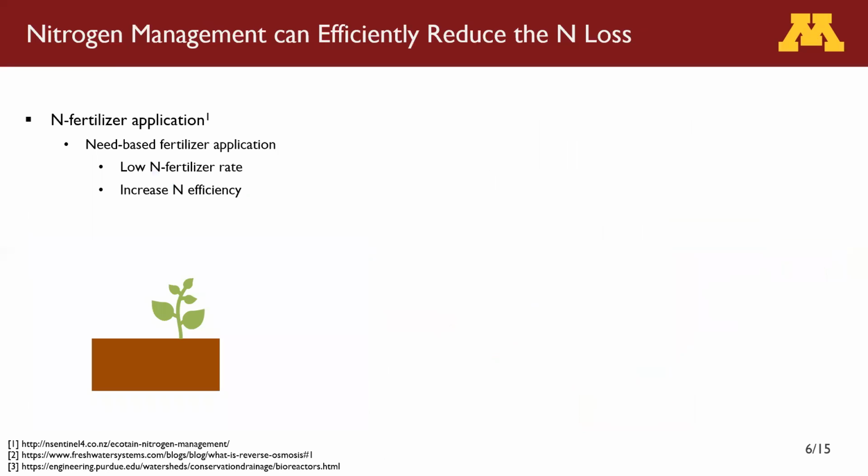To address the nitrogen issue, we incorporate the two most relevant nitrogen management techniques into our system. The first one is to optimize the fertilizer application. Currently, to ensure the crop yield, farmers usually over-apply fertilizer to their cropland to make sure, even with the undesired nitrogen loss, the cropland still has enough nitrogen for crops to grow.